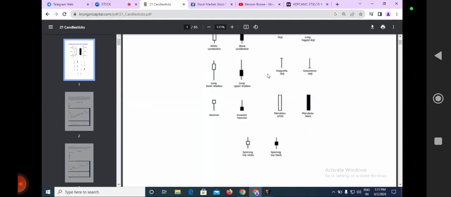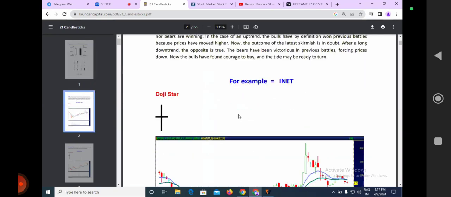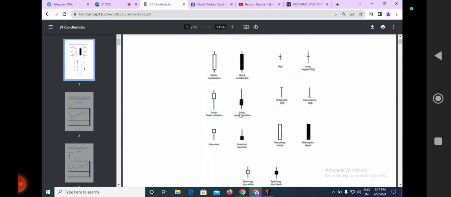I have an entire section on it in the upcoming slides, so please have patience and hear me out. As I told you, this plus symbol in a smaller form is called a doji, and if it is very long, we call it a long doji candle.